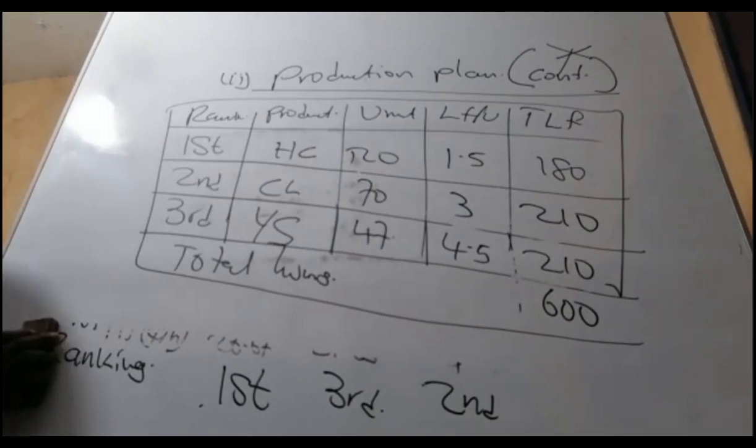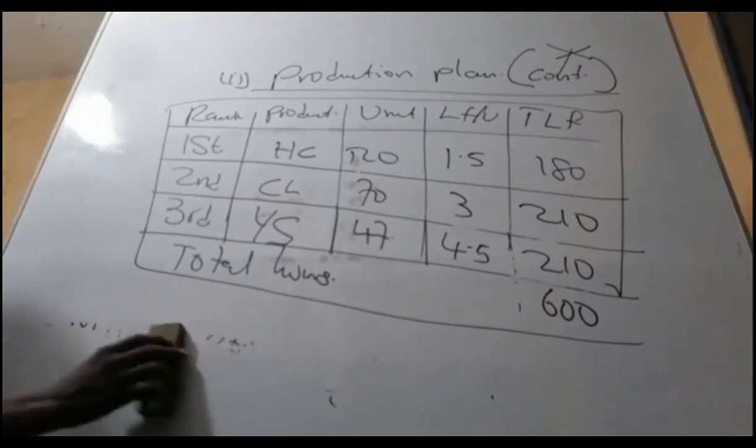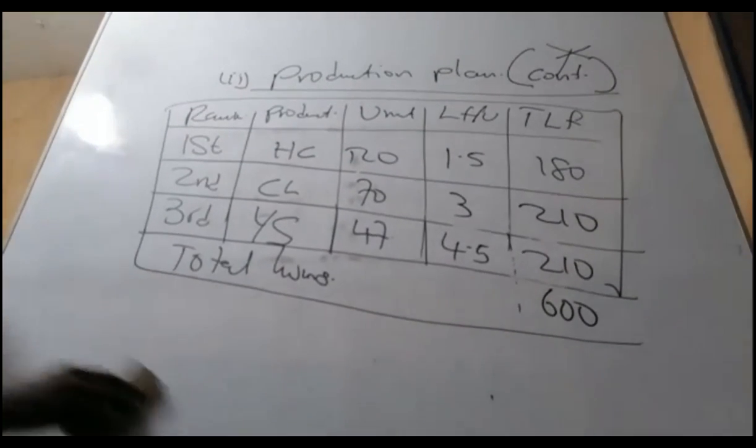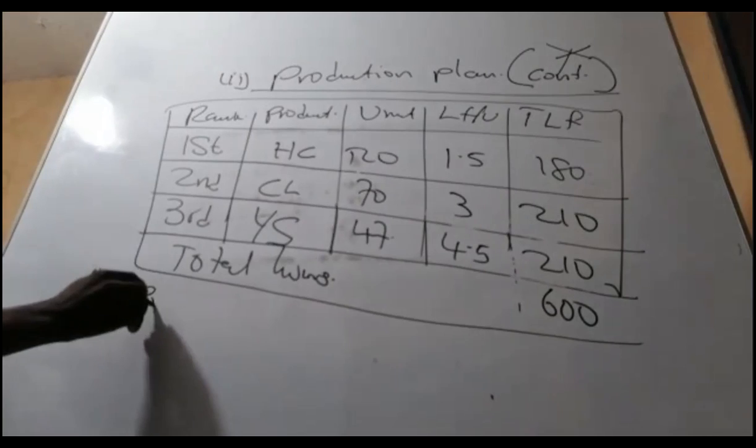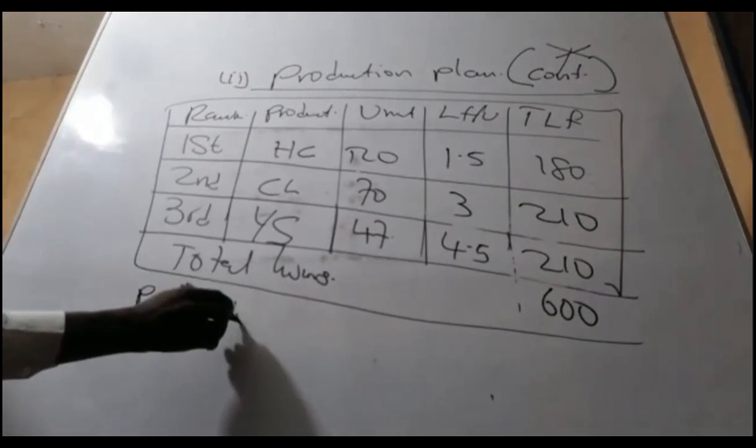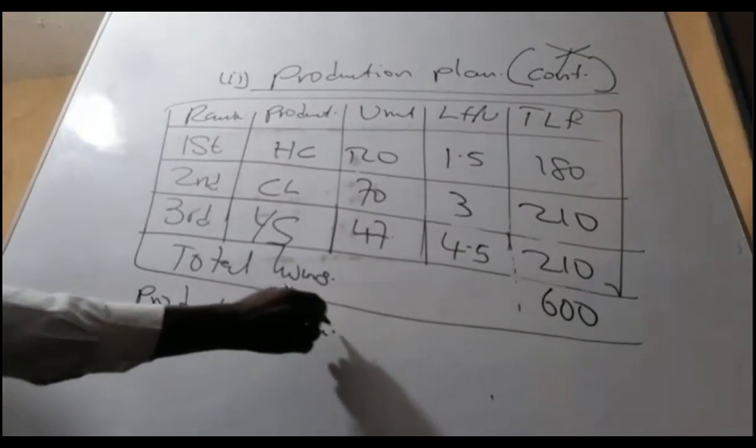So when you are done, like I always say, if you end it there, I will find some marks and deduct from it because I cannot read from the table. So now tell the examiner the production plan, the number of units they should produce.